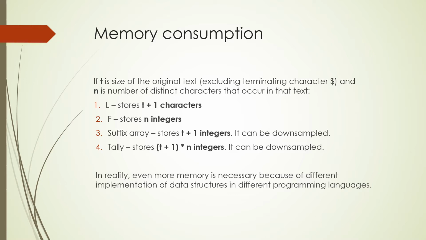So we need to store, per rotation, per distinct character, an integer. In reality, even more memory is necessary because of different implementations of these data structures in different programming languages. Suffix array and tally can be downsampled, and I will discuss how downsampling them impacts time and memory consumption.